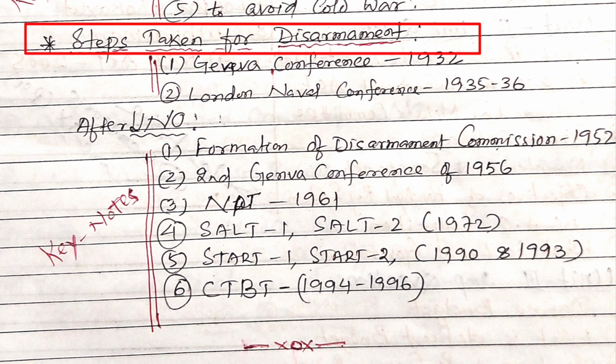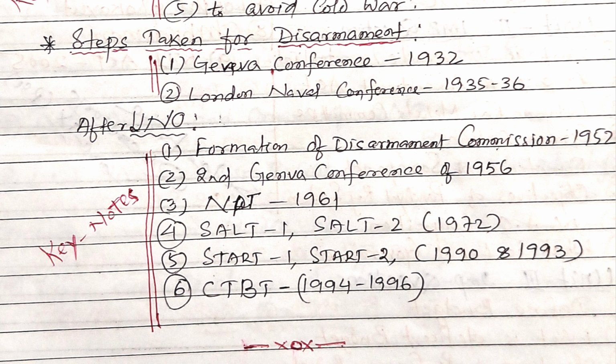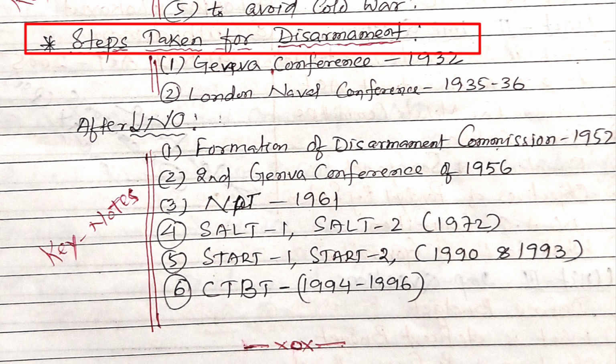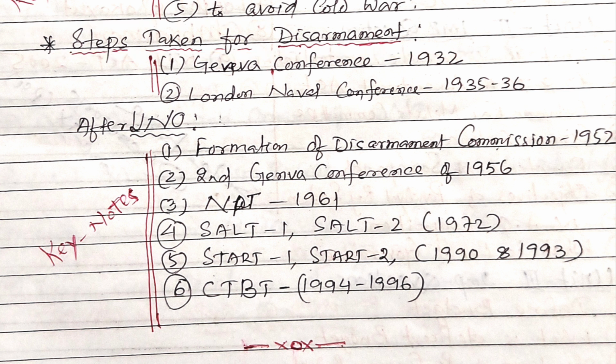In between, in 1932, you can see the Geneva Conference, then in 1935 the London Naval Conference. All these were made with a view to reduce the arms production, test and use. But after 1945, serious steps were taken in this regard.